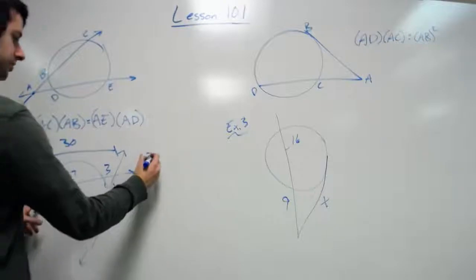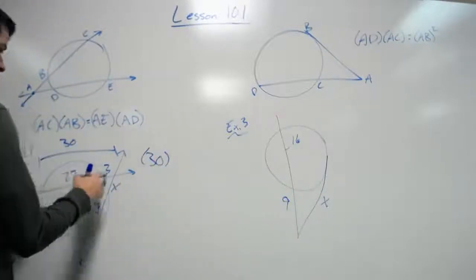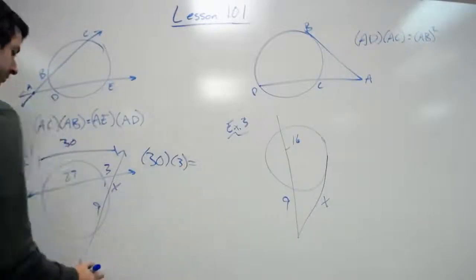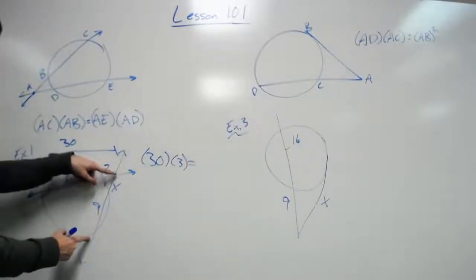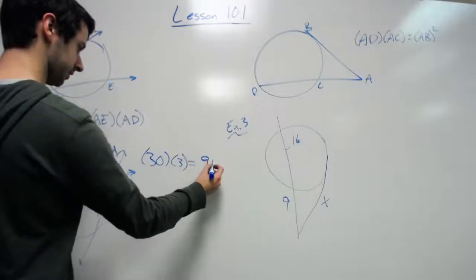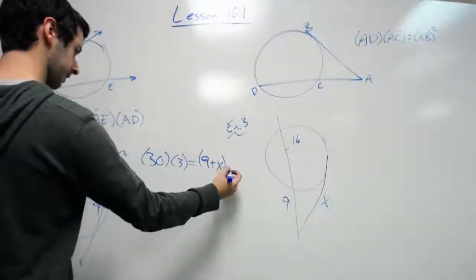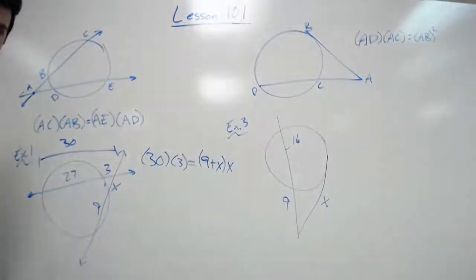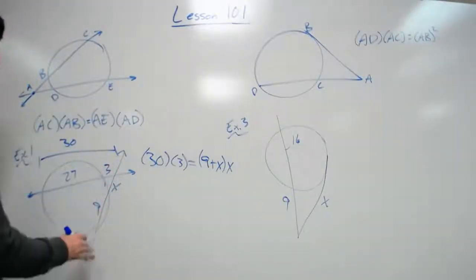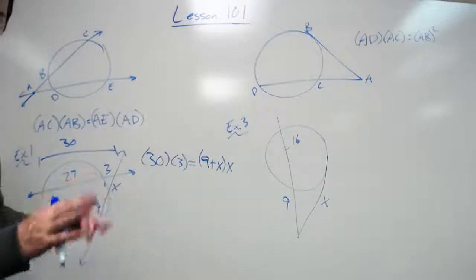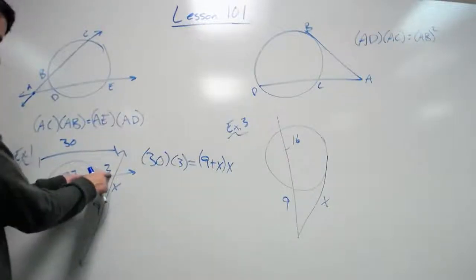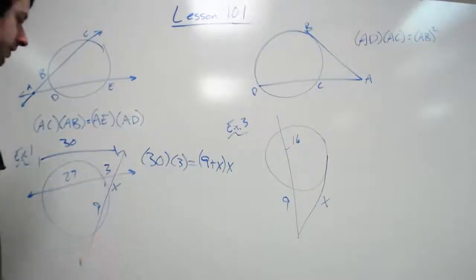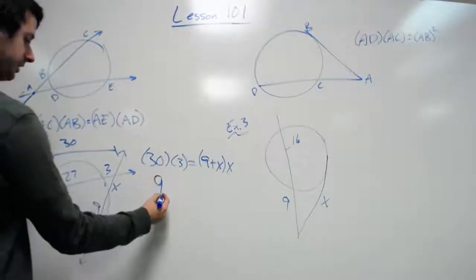So 30 times the external segment, 3, is equal to 9 plus x, the sum of both, times the external x. So the common error will be to just say 27 times 3. That's wrong. It's 27 plus 3. It's the sum of those two to get the whole secant times the external. So 30 times 3, you get 90.